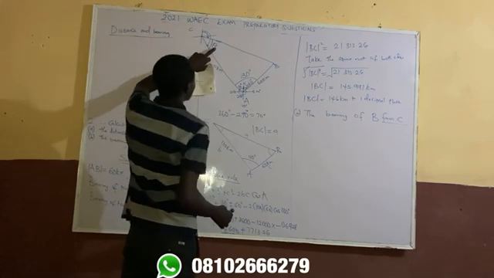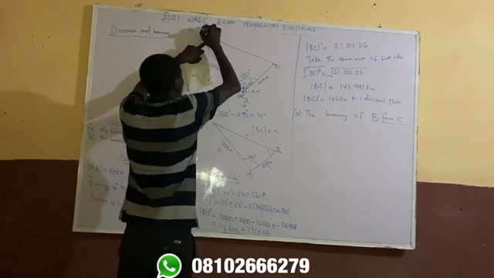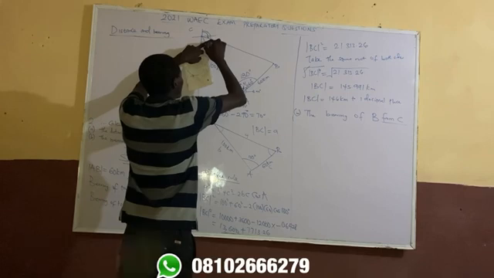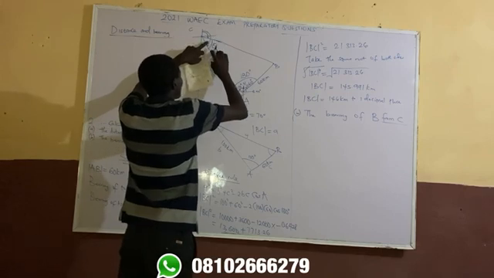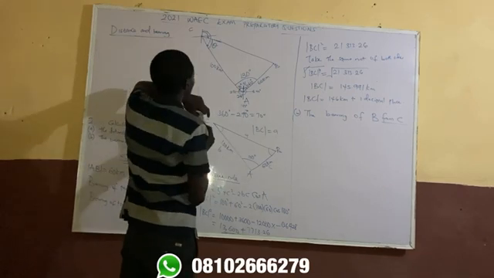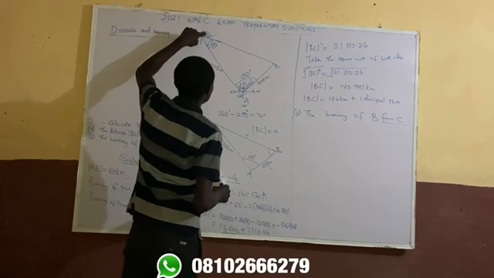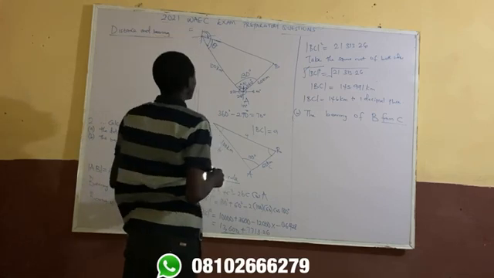You take theta from this second angle to get your bearing that we're looking for. It's just as simple as that. But how do you get this?